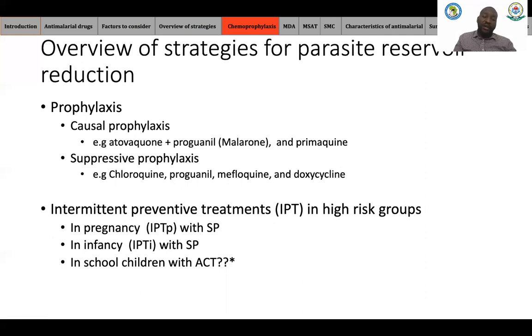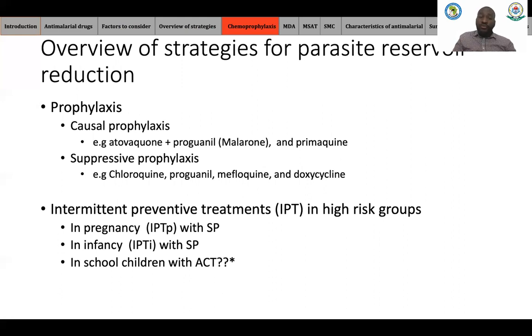At least 3 complete doses is what's targeted, and every time a woman visits a clinical setting she would get this dose to prevent this. And there is evidence that intermittent presumptive treatment in pregnancy reduces pregnancy-related complications and improves maternal outcomes.